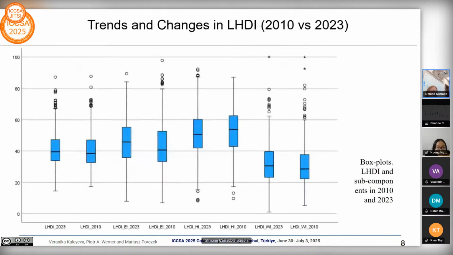We started our analysis with very simple statistics like paired t-tests, box plots and scatter matrix plots. Our first insight was that there is no significant change in the overall local Human Development Index between 2010 and 2023, which is very worrying because, given that this is a 13-year period, considerable growth could have been expected.